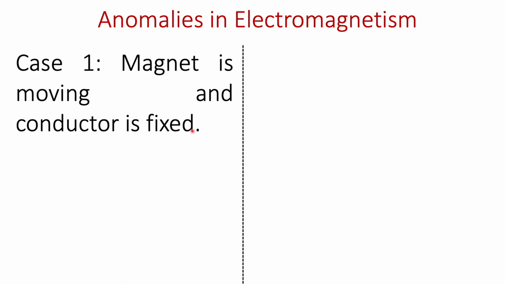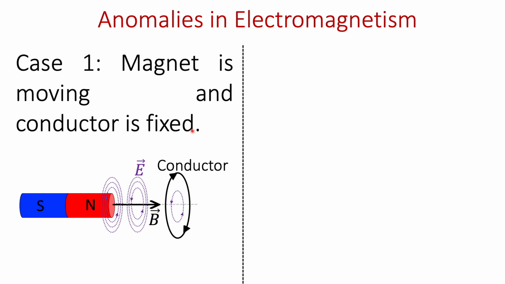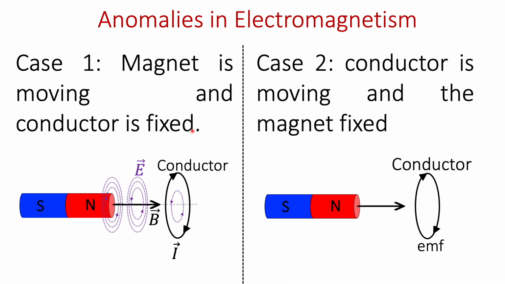In the first case, when the magnet is moving and the conductor is fixed, the moving magnet produces an electric field in the vicinity which produces an electric current in the rest conductor. Meanwhile, in the second case, when the conductor is moving and the magnet is fixed, the conductor experiences a changing flux which induces EMF in the conductor, which in turn produces a current in the conductor.